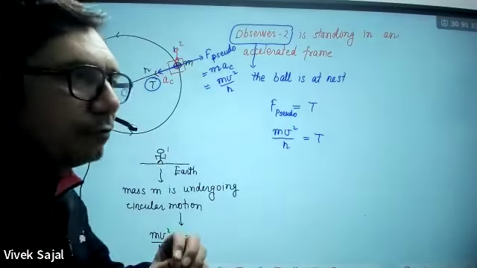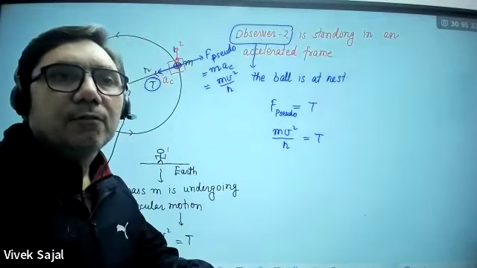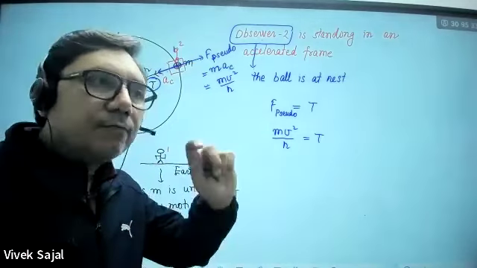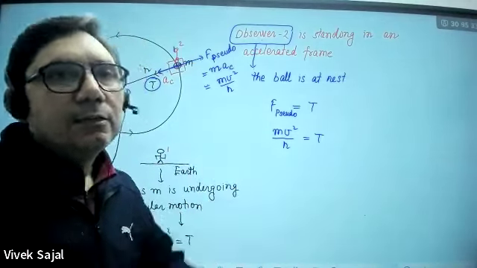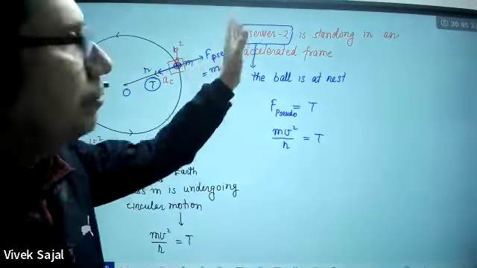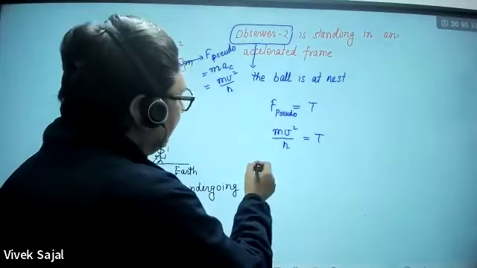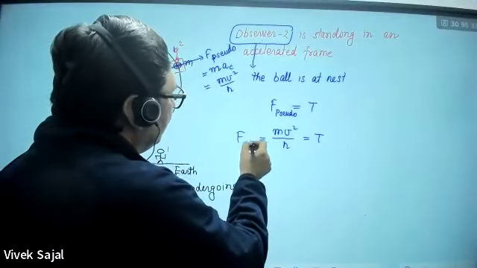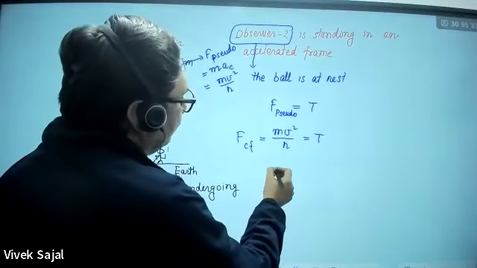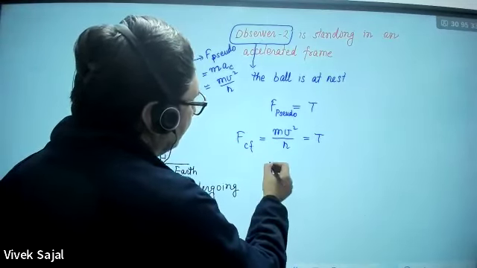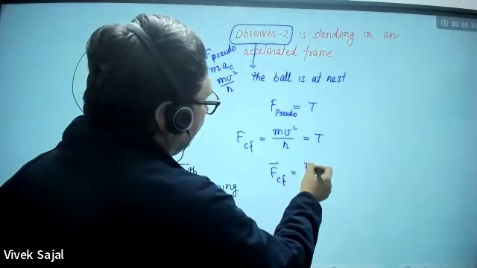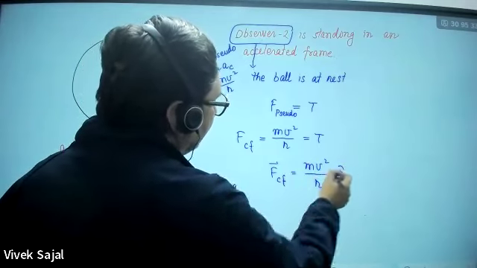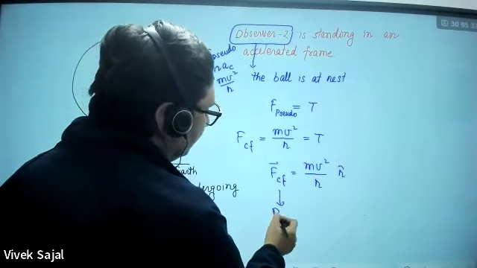So centrifugal force is actually a pseudo force acting in the direction opposite to the acceleration of this non-inertial frame, in the radially outward direction. This will be equal to m v square upon r, in the radially outward direction. This is a pseudo force.